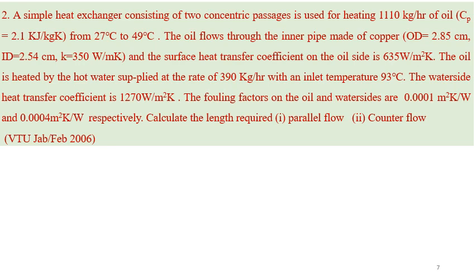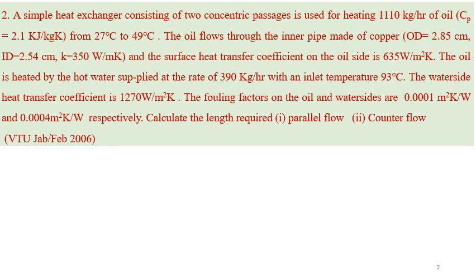Now we will see exactly what the statement says. A simple heat exchanger consisting of two concentric passages is used for heating 1110 kg per hour of oil. Its Cp is equal to 2.1 kilojoule per kg Kelvin, from 27 degrees centigrade to 49 degrees centigrade.